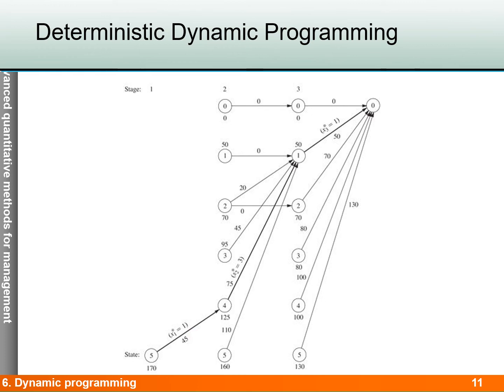Guys, these kinds of examples are known as resource allocation examples, where we always start from allocating the first stage and moving to the last one.